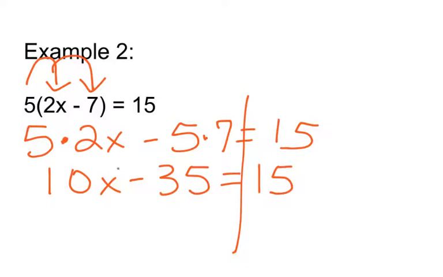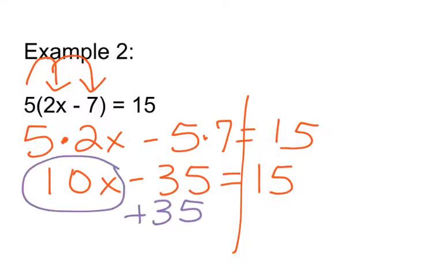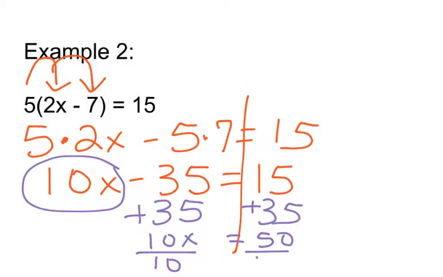This term has the x in it, so I have to isolate it by moving the 35 to the other side. That gives me 10x equals 50. Then I need to get x completely by itself. The 10 needs to be divided, because the opposite of multiplication is division. So x is 5. And I could check that.